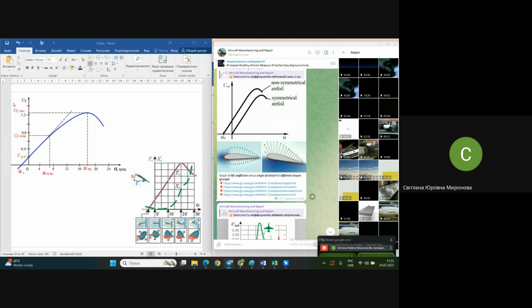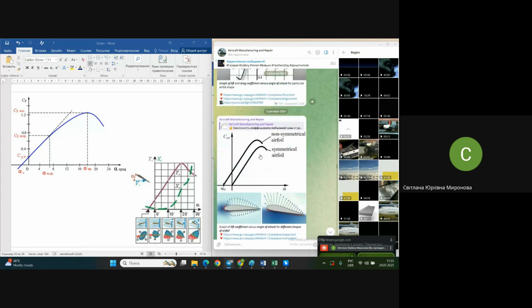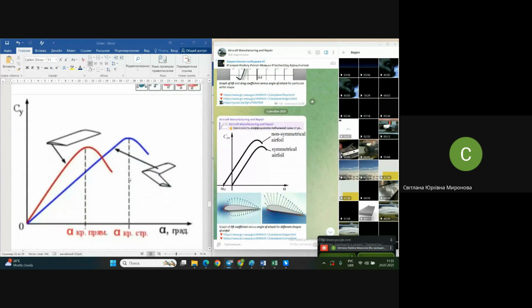What else does this CY depend on? When it comes only to the airfoil of an endless wing, it depends on the shape of the airfoil and on the angle of attack. But when it comes to a real airplane, like it was, for instance, with the drag coefficient, in this case, surprise, what we now see symbolically is the wing, a straight wing, the red line, and a swept wing.